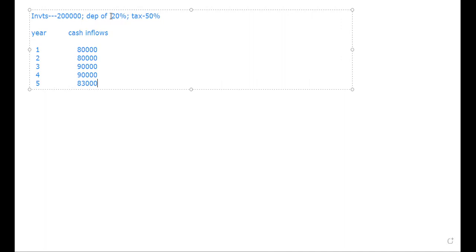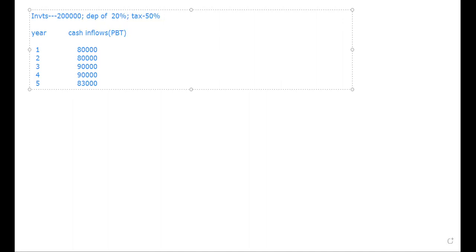We are going to assume this because whether he mentions it or not, once he has provided new information such as depreciation at 20% and the tax at 50%, it is clear that I have to assume these to be PBT, meaning profit before tax.